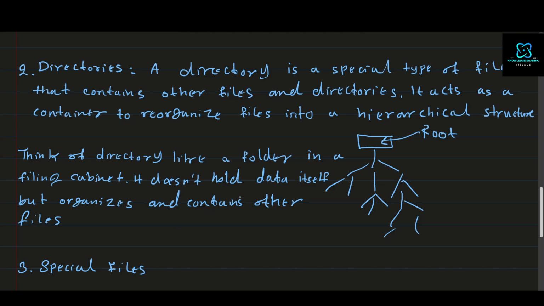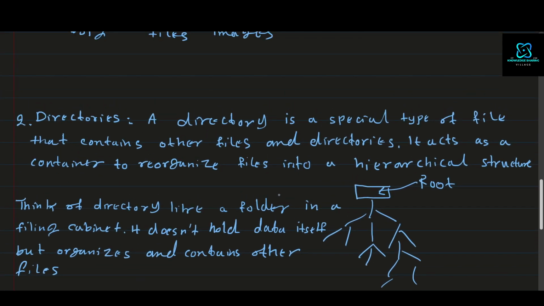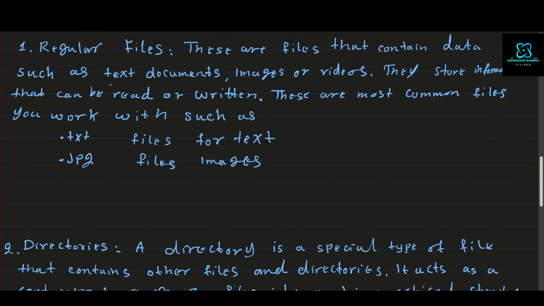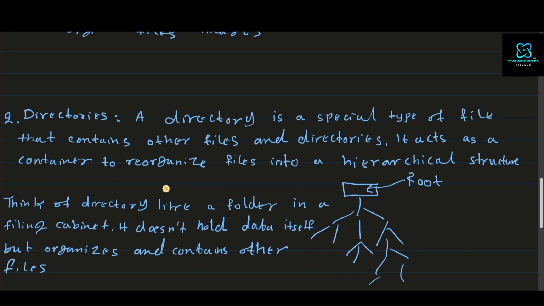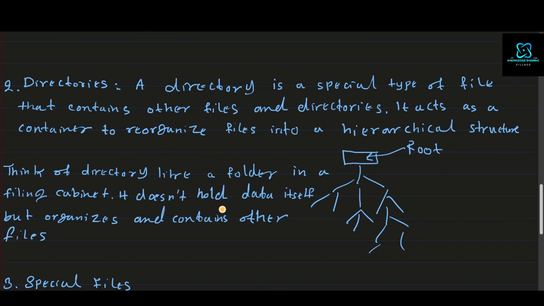So when we say it does not host data, we are talking about the concept of a regular file. Like here, we have this type of file that contains text, and we have this type of file that contains images. It is not the same when it comes to directory. The directory itself does not host any data, but it organizes and contains other files.